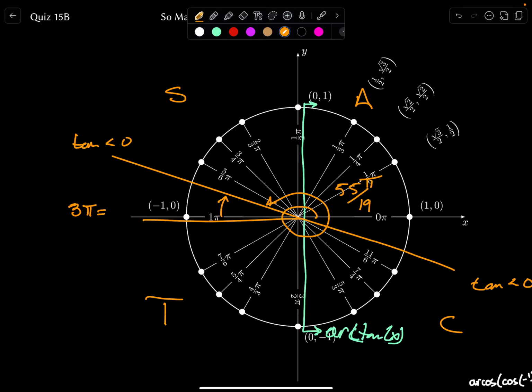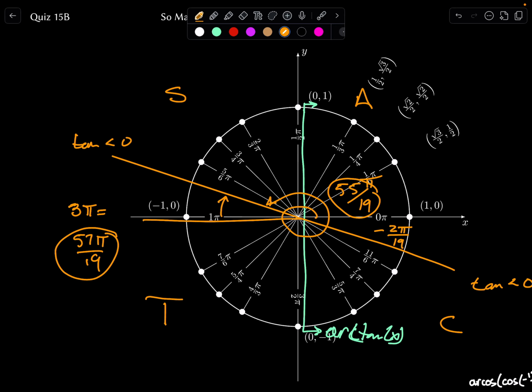Why did I pick something so complicated? 57 pi over 19. So that little wedge there is the difference between 57 pi over 19 and 55 pi over 19, which is 2 pi over 19. So I need to make sure that that matches over here, but it's going to be negative because I'm in the 4th quadrant.